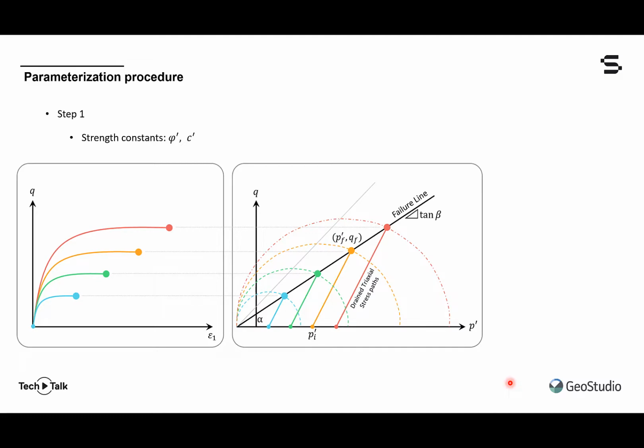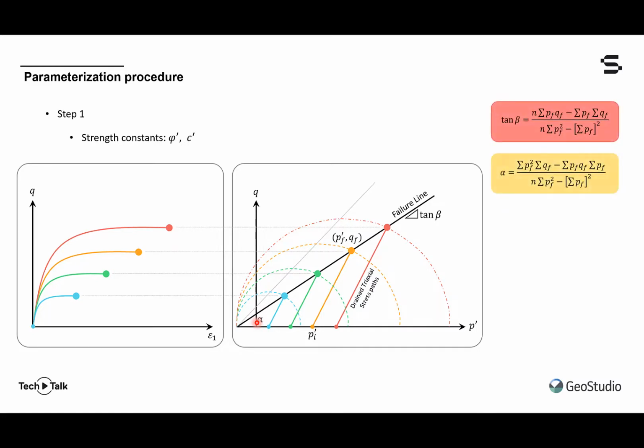The failure states from numerous triaxial tests at different confining pressures are theoretically located on the Mohr-Coulomb failure line in QP space. As such, the slope tan beta, as well as the y-intercept alpha, can be calculated using the method of least squares, shown here, where n is the number of data points.